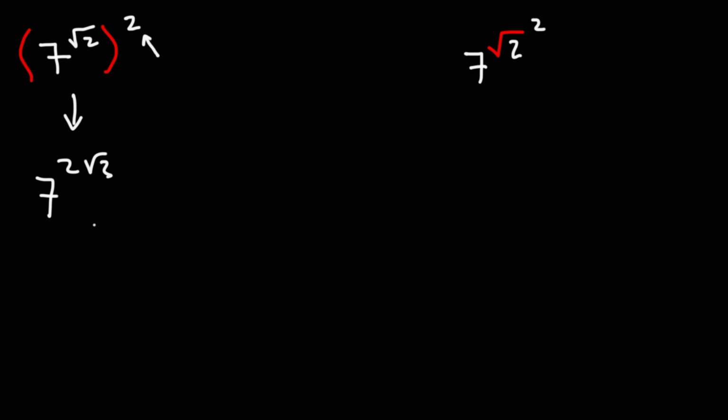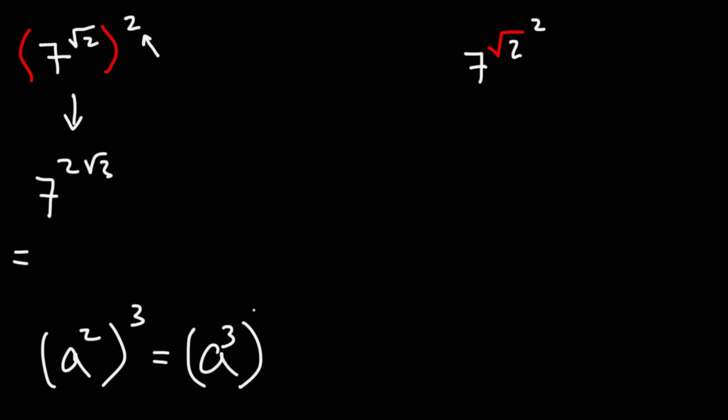Now, something that we can do here is we can go back to this form. So for instance, let's say we have a squared raised to the third power. You can switch to 3 and 2. So you can write it as a cubed to the second power, because 2 times 3 and 3 times 2 both multiply to 6.